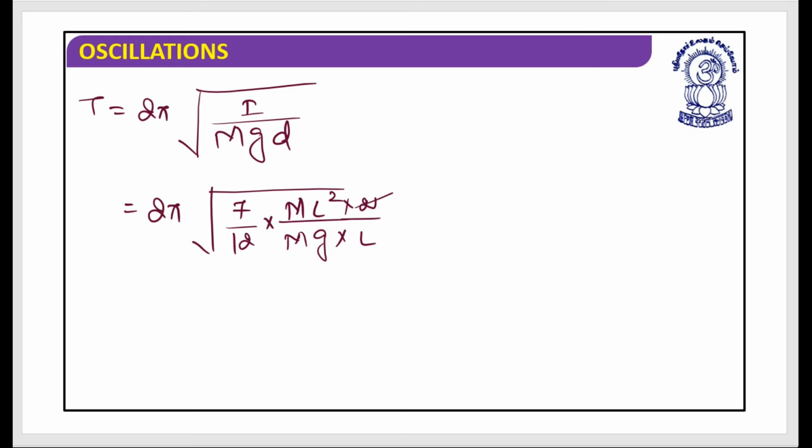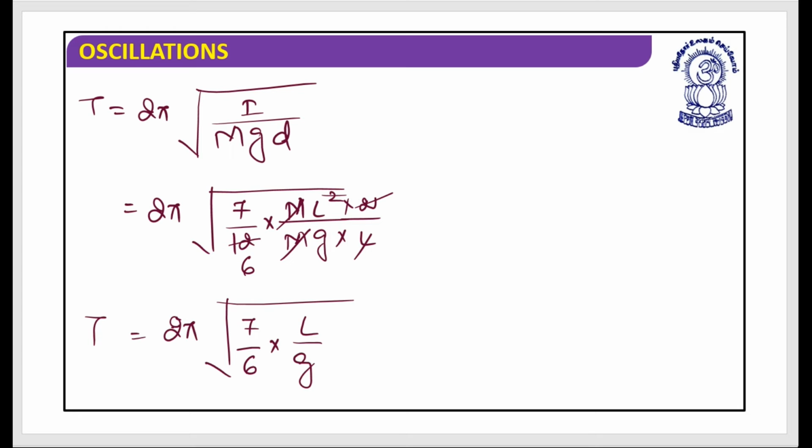So this is 2, this is 6, and m cancels, one L cancels. So I have been left with 2 pi root of 7 by 6 into L by g. This is the time period. I hope this is clear. It's 2 pi under root of 7 by 6 multiplied by L by g seconds.